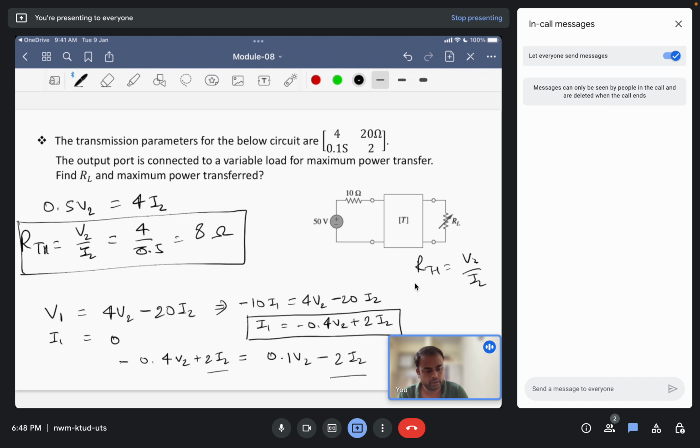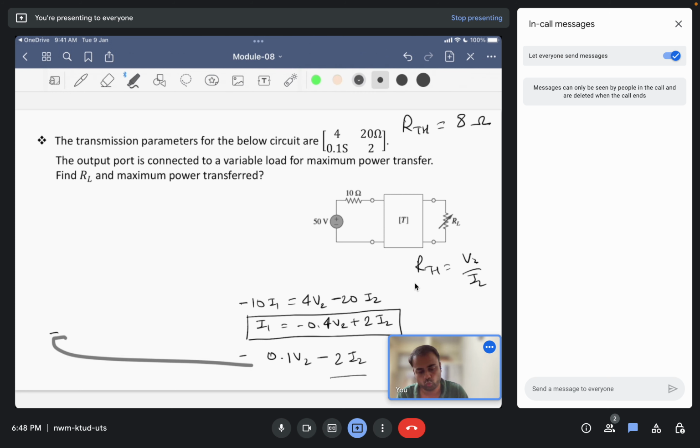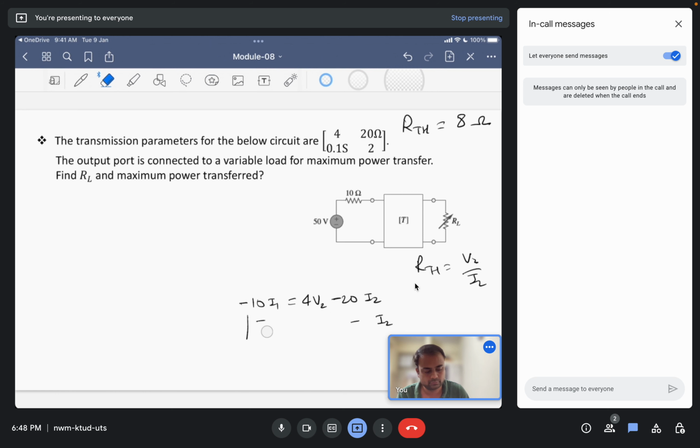Let us write RTH is equal to 8 ohm. Now the second task is to calculate VTH.